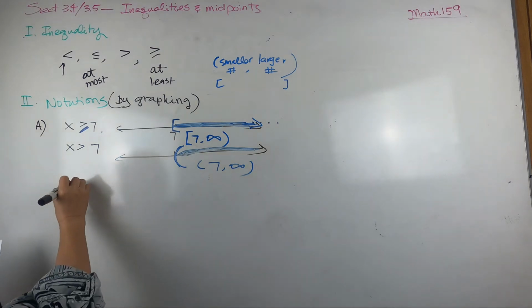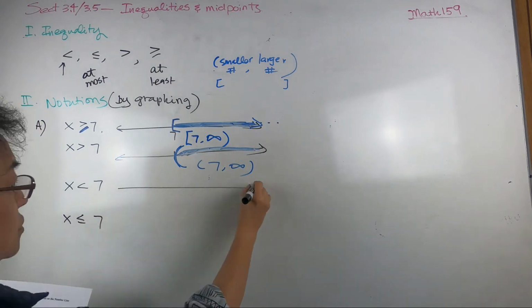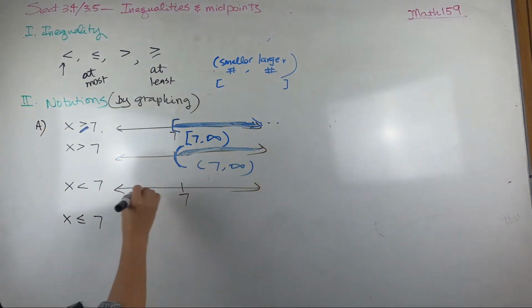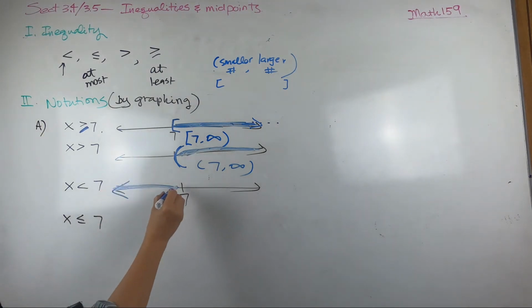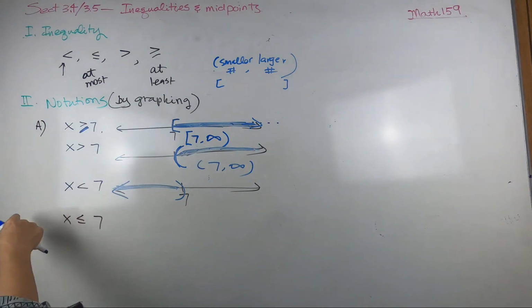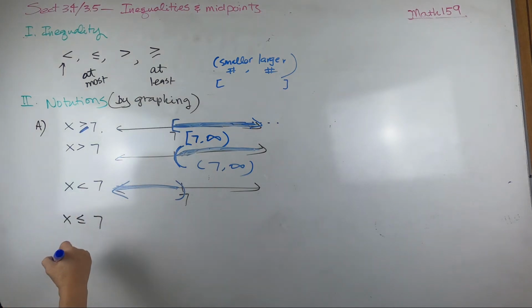If you have less than 7, what do we do? That's the 7. Less than, you go to the left. Not including 7, you use a parenthesis. Then to where? Forever, but this side is negative, so it's negative infinity.